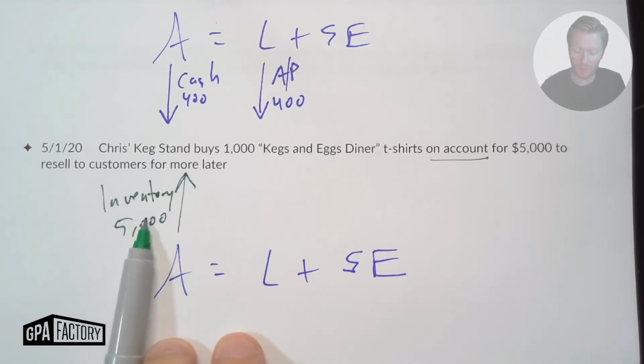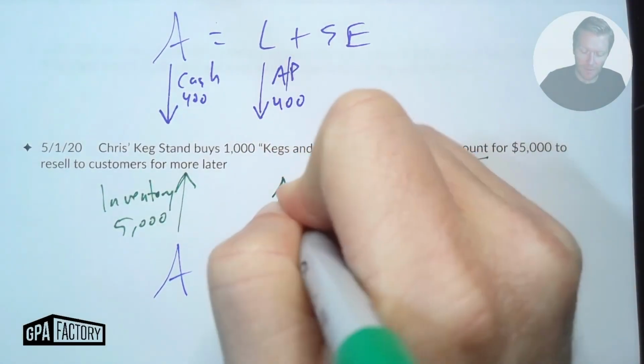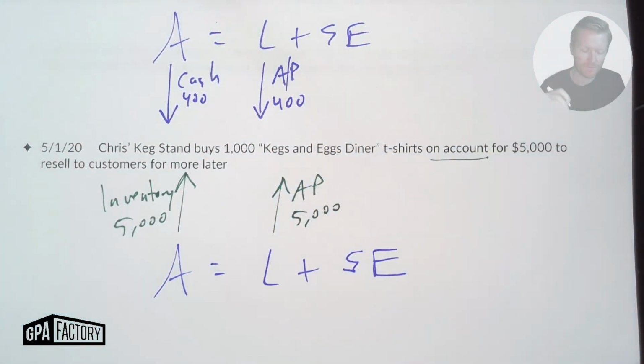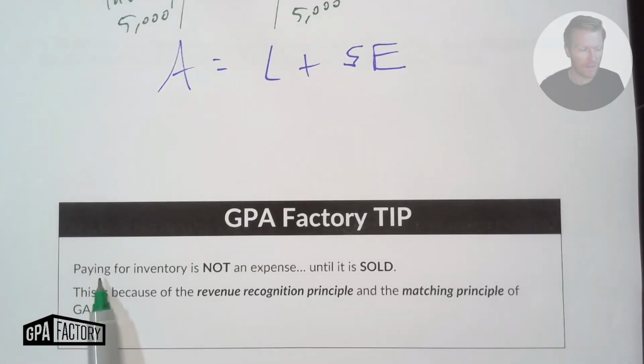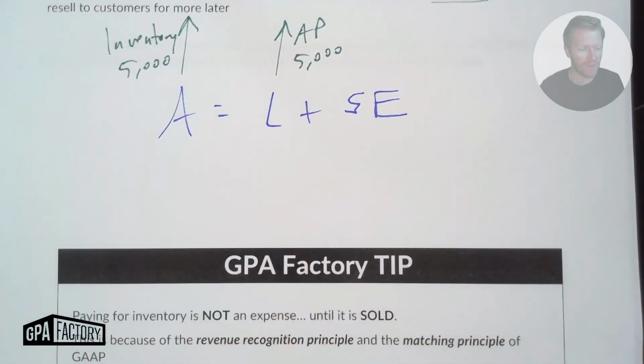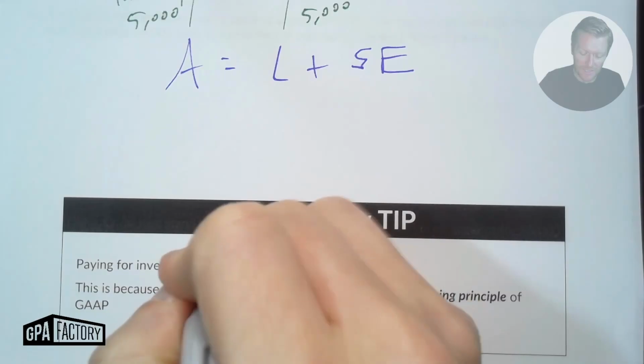So we buy these inventory items on account, which means that we create this accounts payable, this liability for $5,000. And this does remain in balance. So there we go. That is our transaction analysis for buying some inventory on account. Now, paying for inventory, or even purchasing it, even though we haven't paid the cash yet, just getting the inventory on our books is not an expense yet.